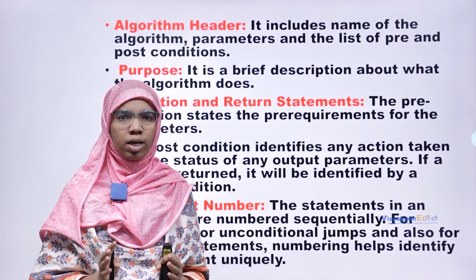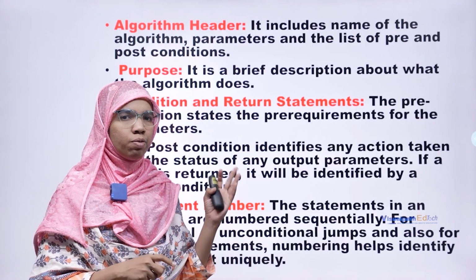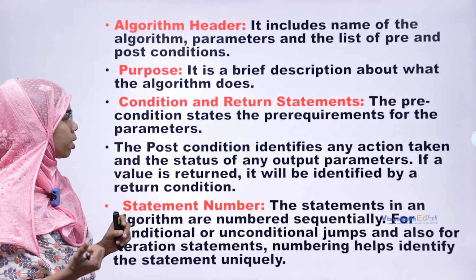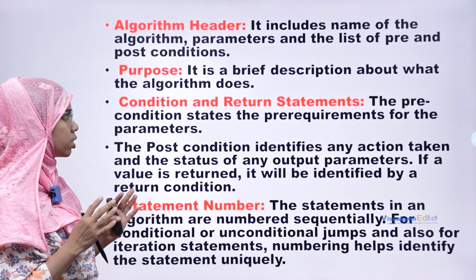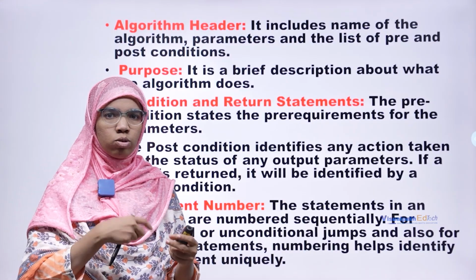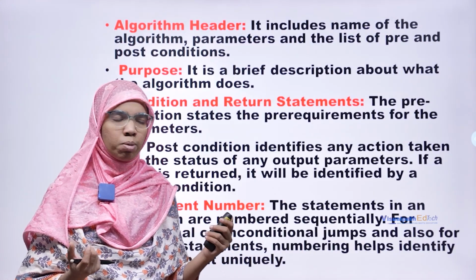Whatever you are specifying as the name of the program or subprogram will be given in the algorithm header. Next is purpose. It is a brief description of what the algorithm does. So you are giving the description or explanation of what the algorithm is about.